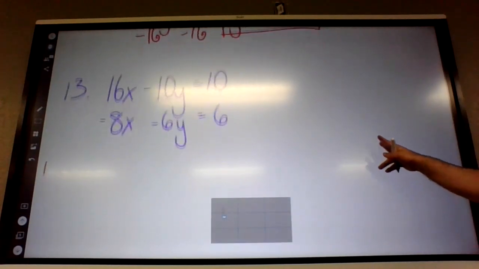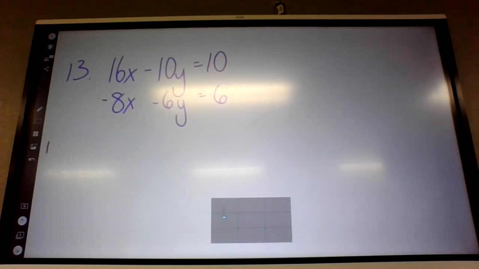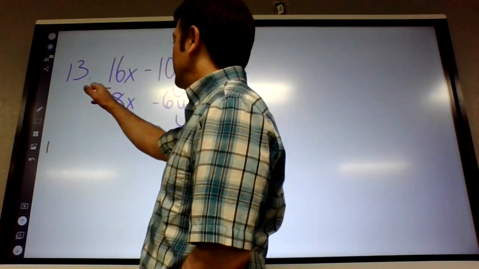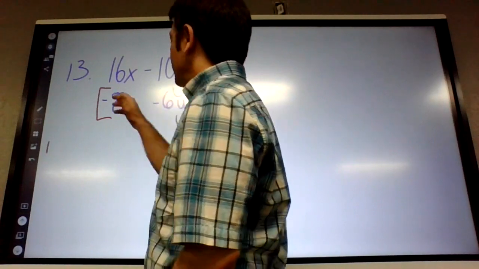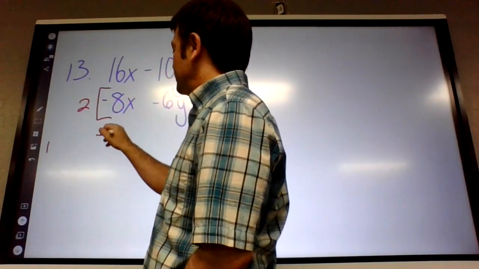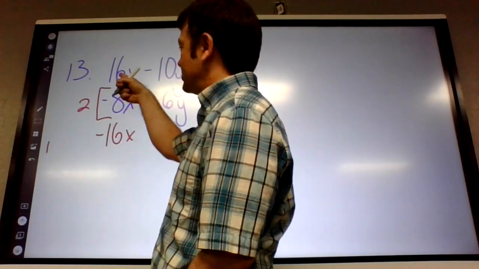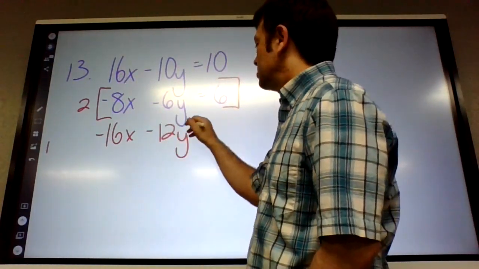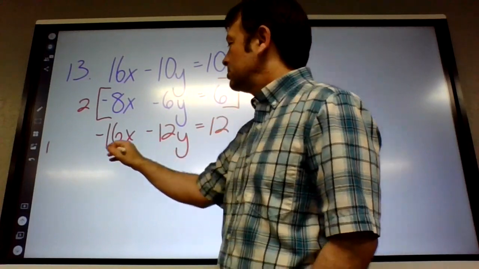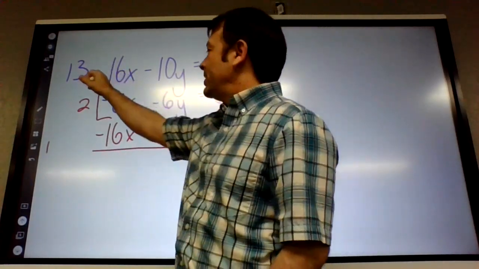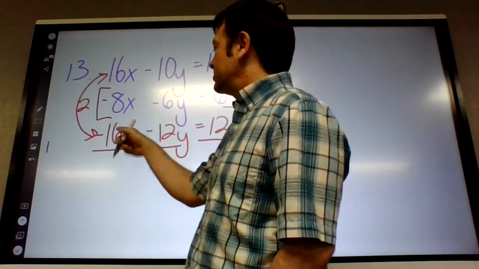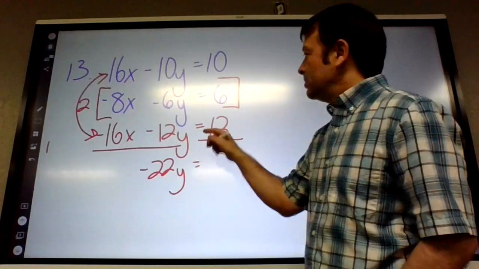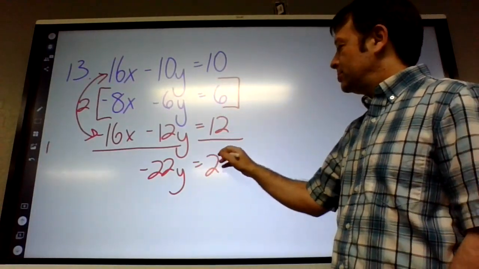Hope. Sorry, multiply by 2. I was going to say negative, but okay, if we multiply the bottom by 2, this will become negative 16, which is what we want, because that's positive 16. So if we add these two lines together, the 16s go away. Negative 10 minus 12 is negative 22. 10 plus 12 is 22.